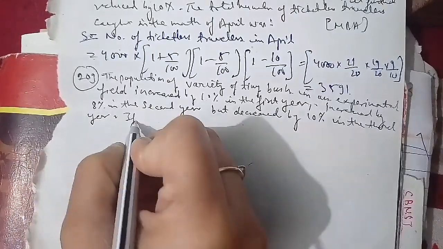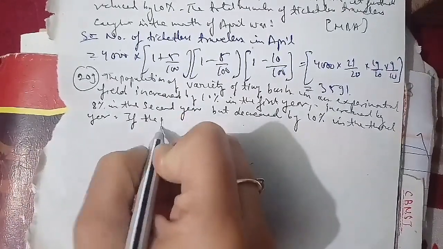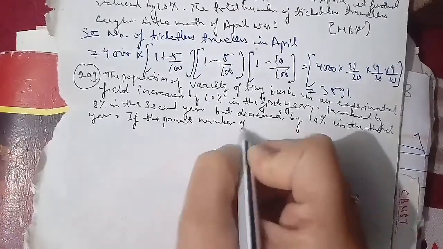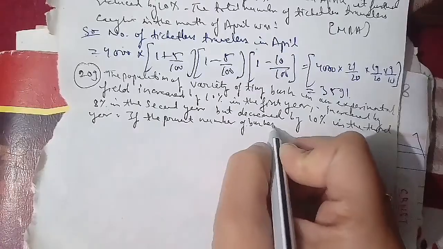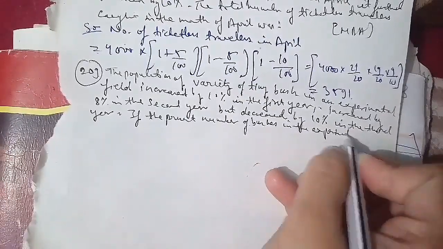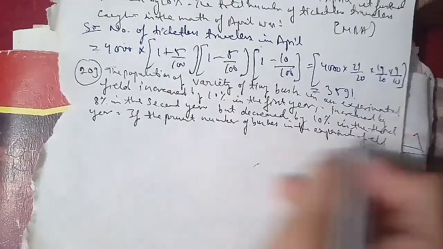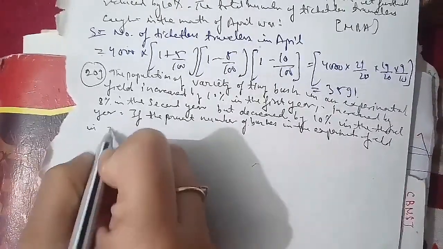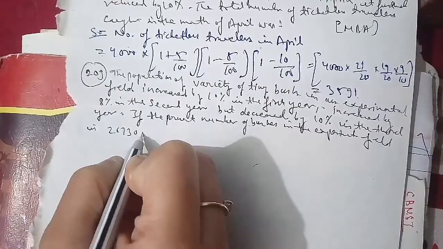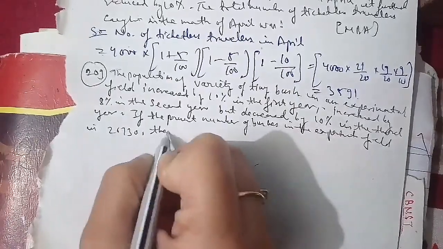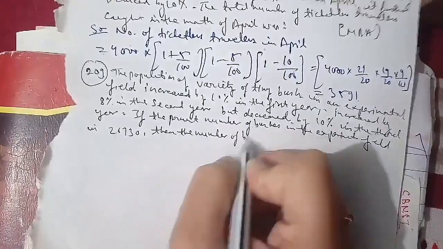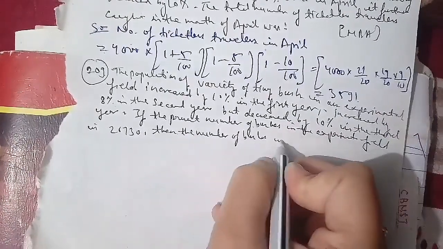If the present number of bushes in the experiment field is 26,730, then the number of bushes in the beginning was.